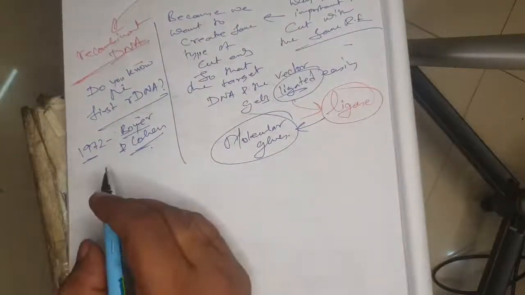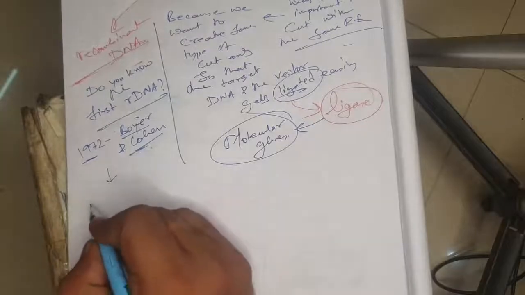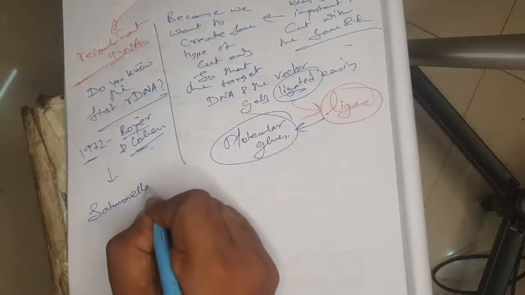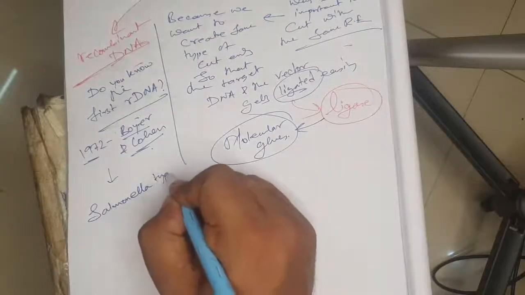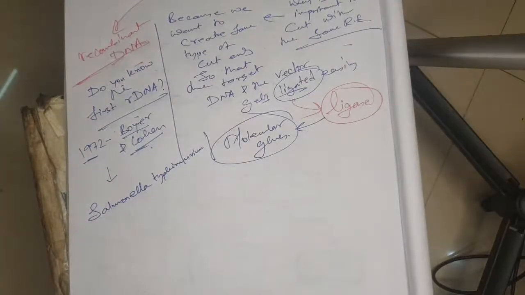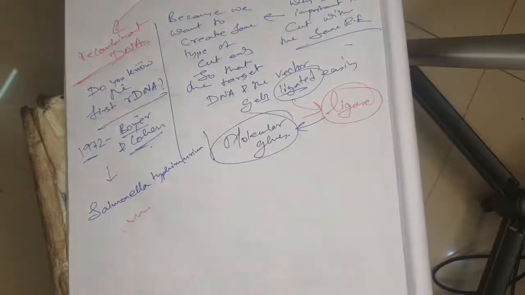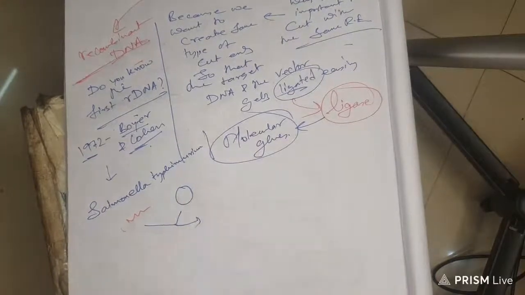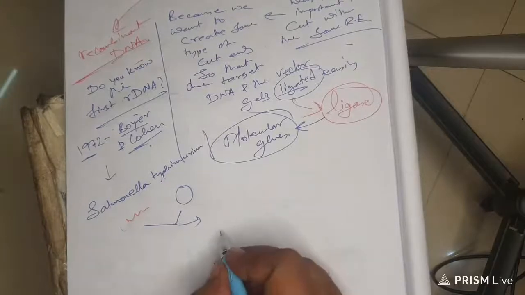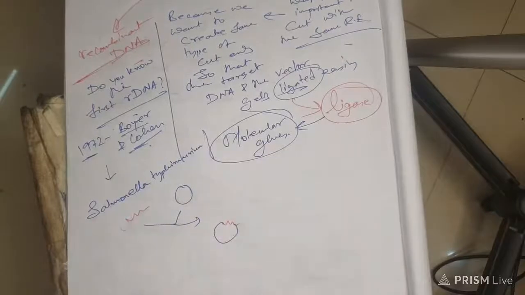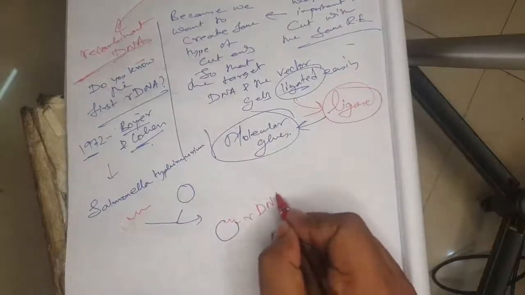This was done in the bacterium Salmonella typhimurium, where an antibiotic resistance gene was incorporated in the plasmid of Salmonella typhimurium to create a recombinant DNA. So that is the first rDNA ever.